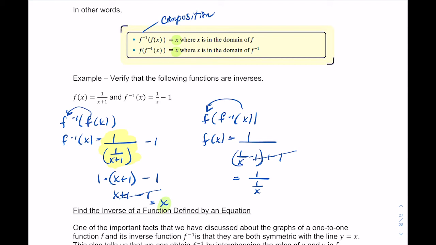It's just saying 1 divided by 1 over x, which is just 1 times the reciprocal. So since both of these compositions equaled x, therefore f of x and f inverse of x are inverses because both of their compositions equaled x.